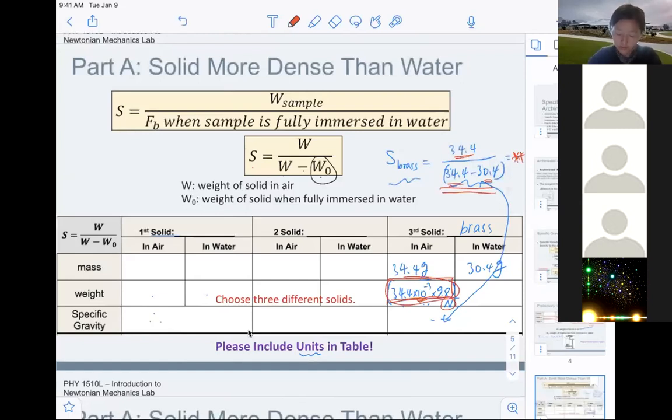Oh, the weight in water? Yes. So weight in air is the mass in air times g. Weight in water is the mass in water times g, right? Okay. We're not doing the weight of the water, not here.